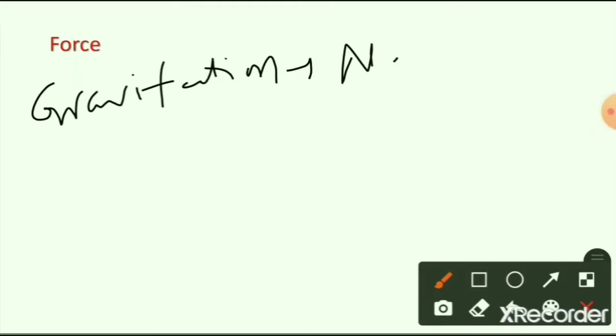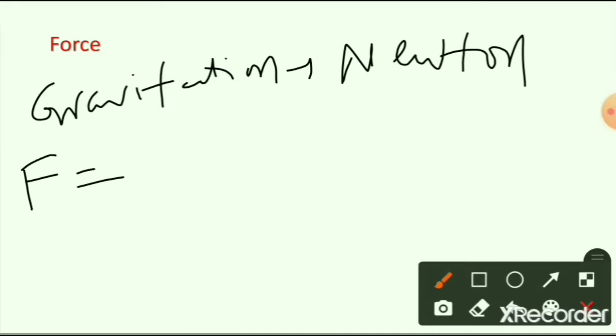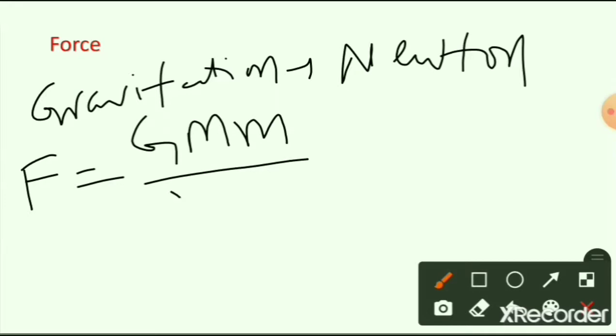Gravitational force. Proposed by Newton, the father of science. F equal to G into capital M small m by R square, where capital G represents the universal gravitational constant.